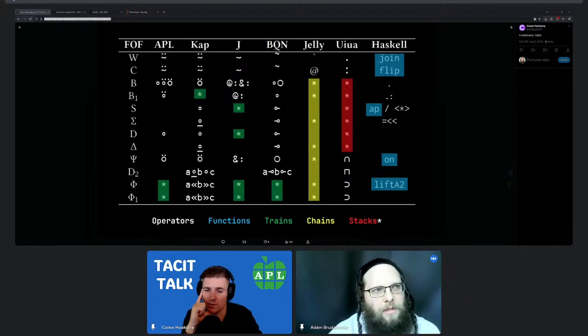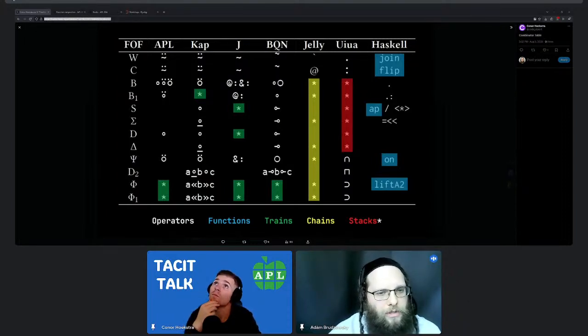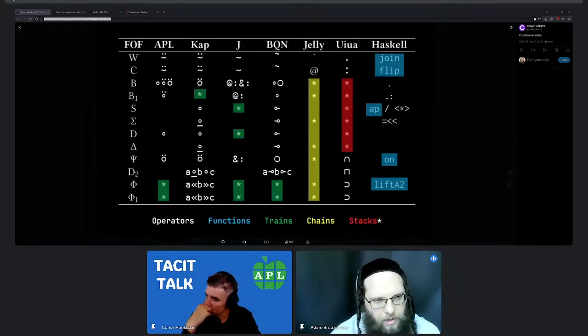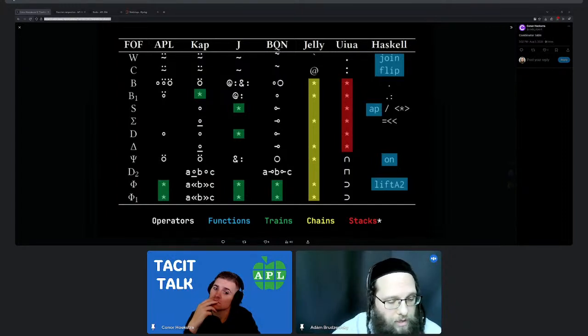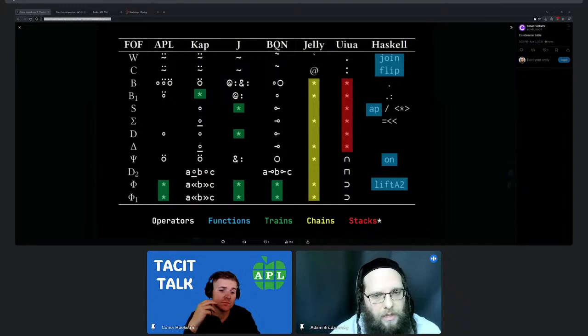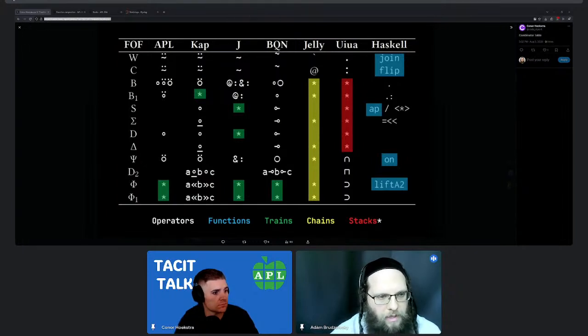So, for example, in that scheme, the each operator wouldn't have been two raised dots. It would have been one raised dot. And its corresponding more advanced dyadic form, the depth operator, would be two dots on top. And the cells operator, the one that applies to major cells, if I remember right, would be minus with a single dot on top, and the full rank operator, the more advanced form of the cells operator, would have been a minus with two dots on top.